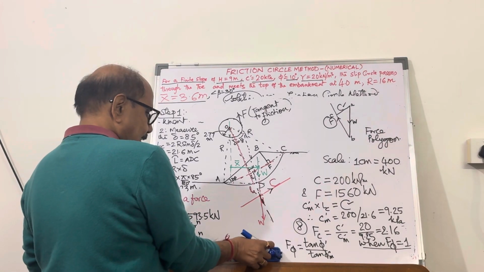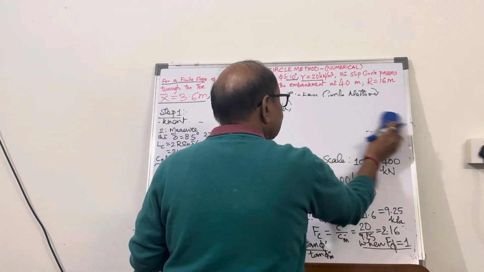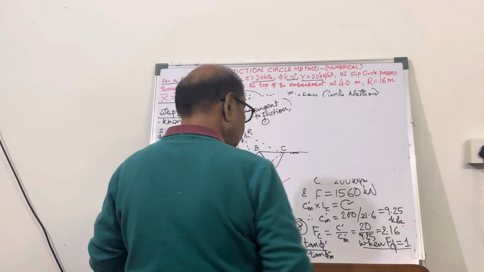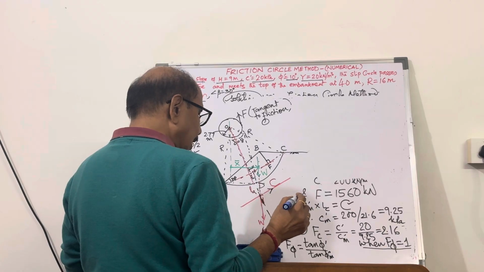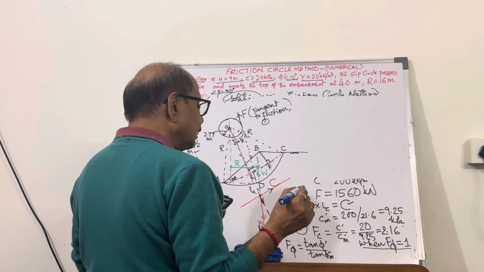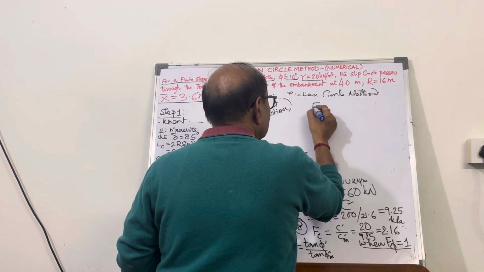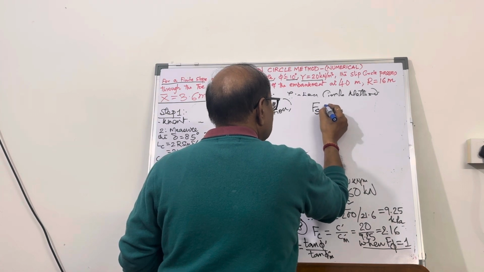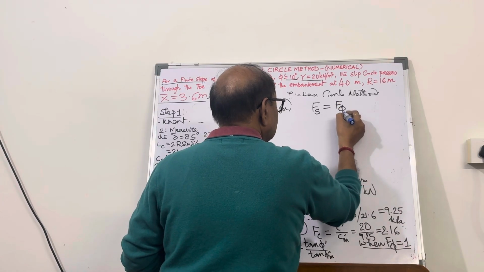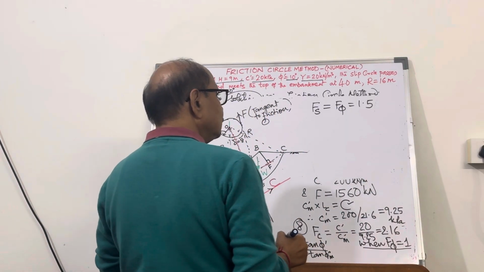Let's say I want the factor of safety for a critical slip circle equal to 1.5. So if you want that, the Fs value, the factor of safety with respect to strength, equal to F phi, equal to 1.5. I want this.